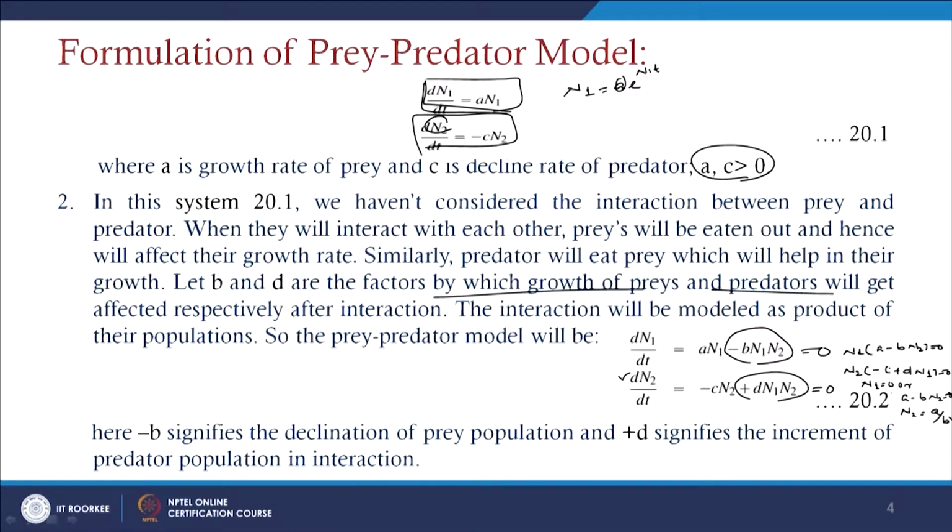Similarly, from the second equation, either n2 equals 0 or minus c plus d n1 equals 0, which gives n1 equals c by d.